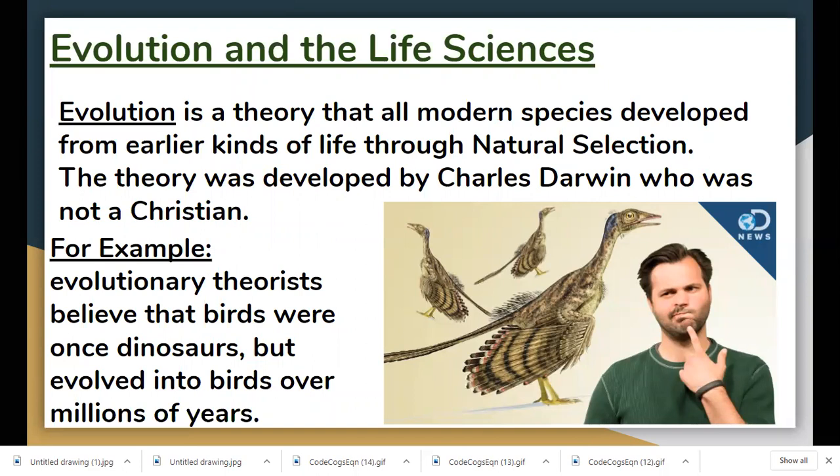For example, evolutionary theorists believe that birds were once dinosaurs, but evolved into birds over millions of years. We'll get into more of the millions of years idea later on in the year, but suffice it to say that evolutionists believe that dinosaurs evolved into birds.